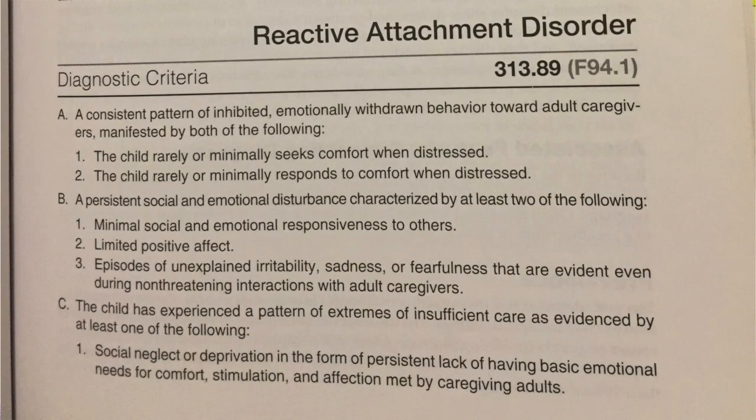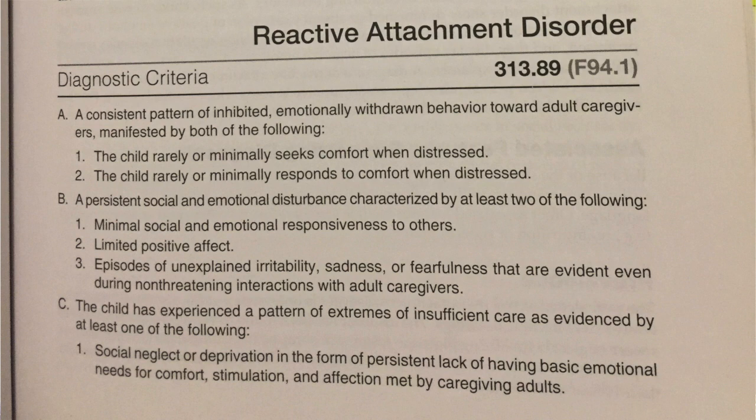B. A persistent social and emotional disturbance characterized by at least two of the following. 1. Minimal social and emotional responsiveness to others. 2. Limited positive affect. 3. Episodes of unexplained irritability, sadness, or fearfulness that are evident even during non-threatening interaction with adult caregivers. C. The child has experienced a pattern of extremes of insufficient care as evidenced by at least one of the following. 1.